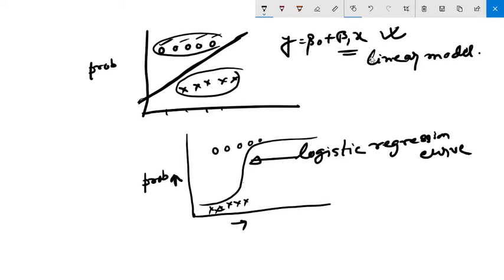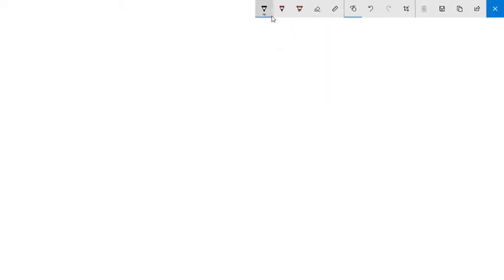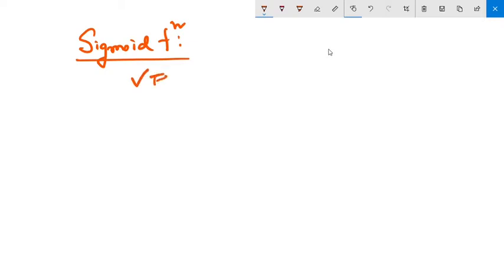So now this function that I have used is called the sigmoid function. Okay, sigmoid function. So let me write it. This sigmoid function is used in logistic regression. Just now you have seen how this sigmoid function looks, it's like a snake type of thing.